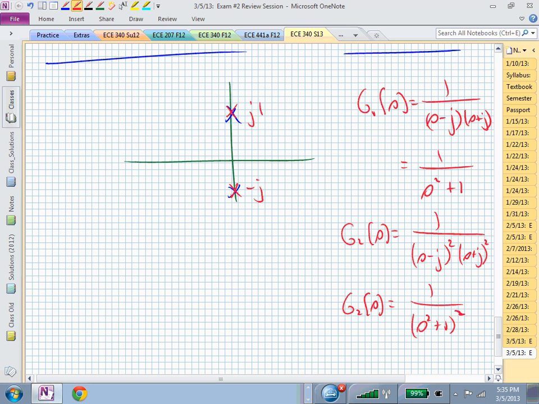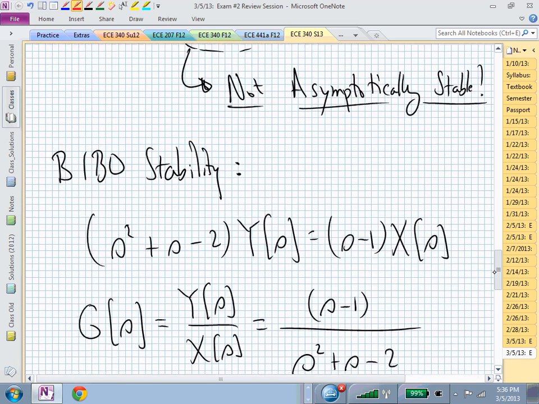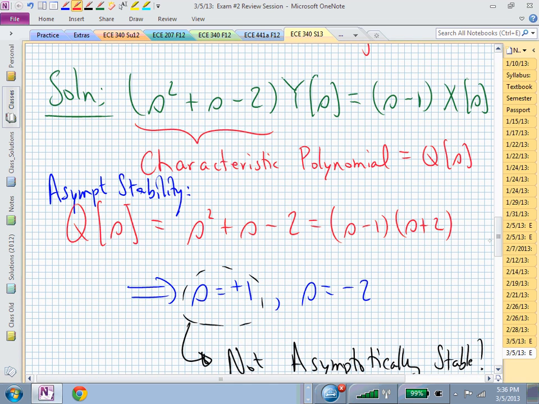My main concern for you, as a class, is to understand this concept of BIBO stability, meaning asymptotic stability. Let's just worry about checking the characteristic polynomial and making sure its poles are in the left half plane. Then they have these decayed exponents, e to the minus something.